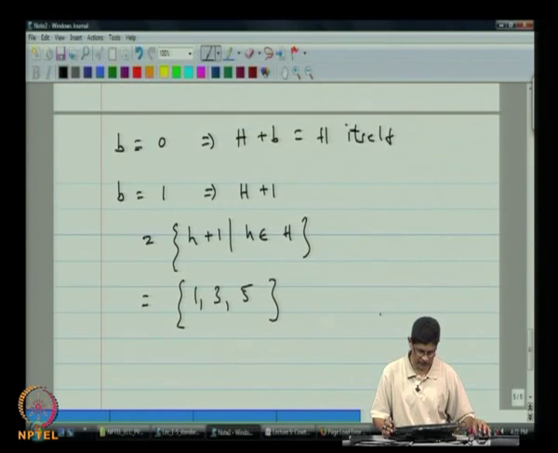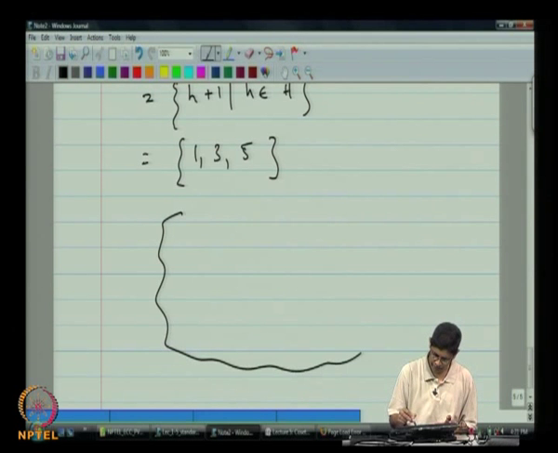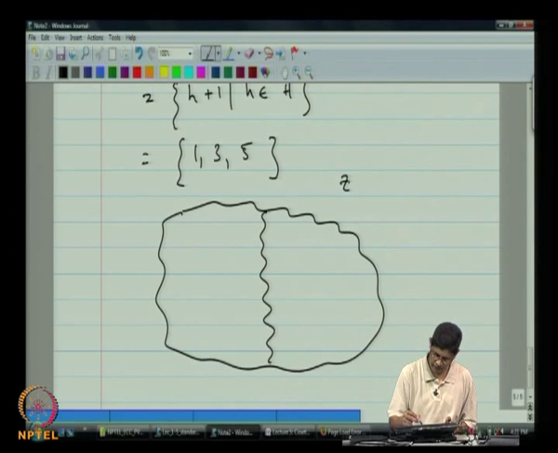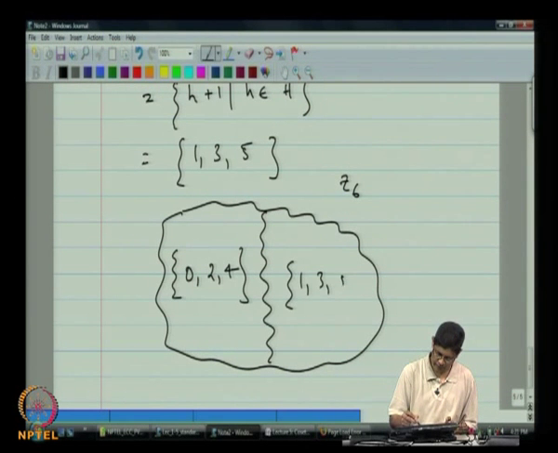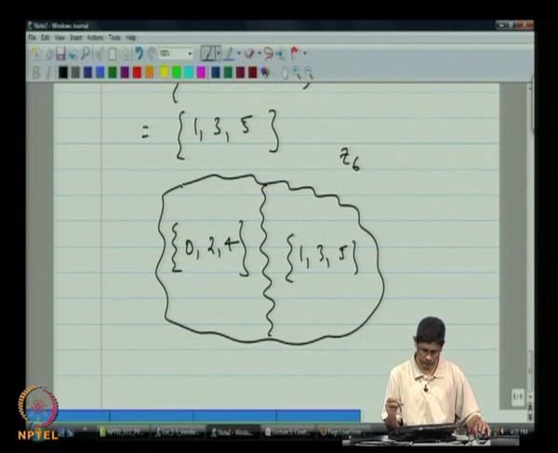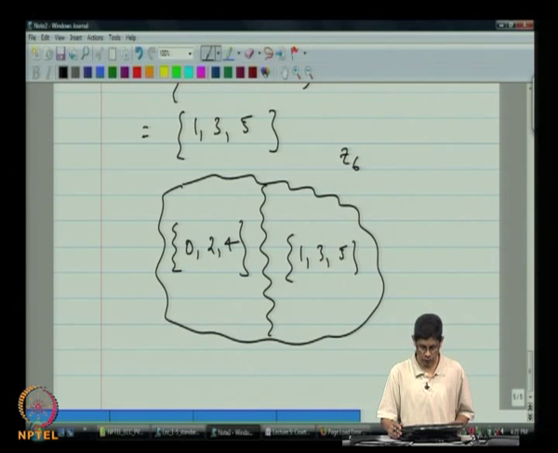These two partition the group. So we have the following picture: if you look at the integers mod 6, on the one side you have 0, 2, 4, and on the other side you have 1, 3, 5. So these are the only two equivalence classes into which the group is partitioned.